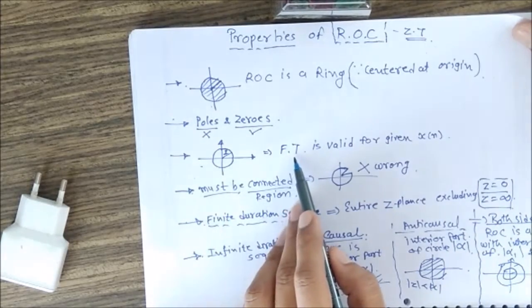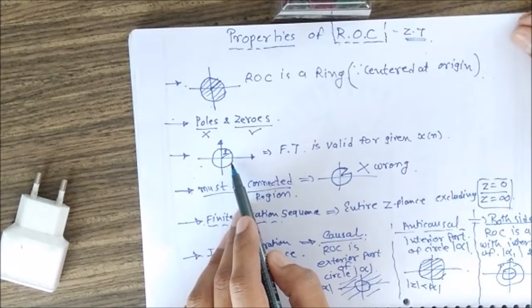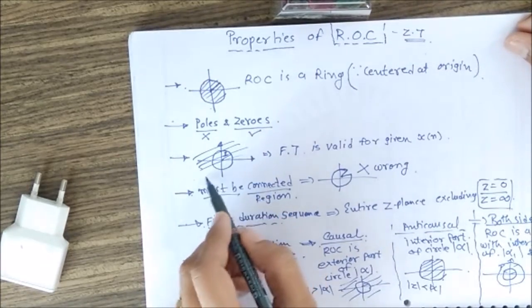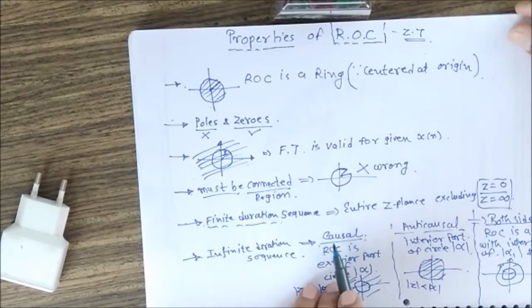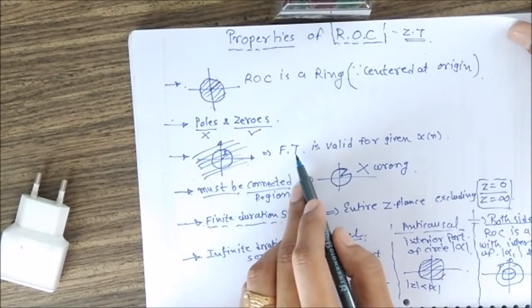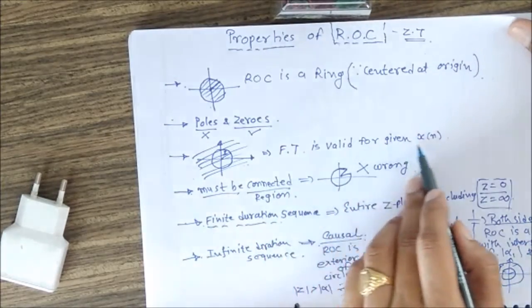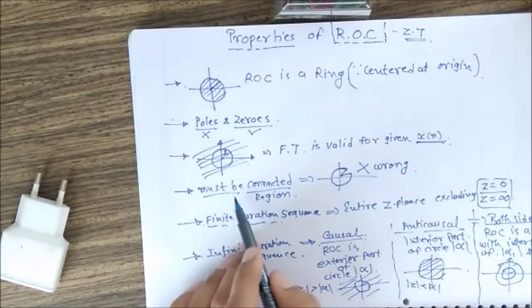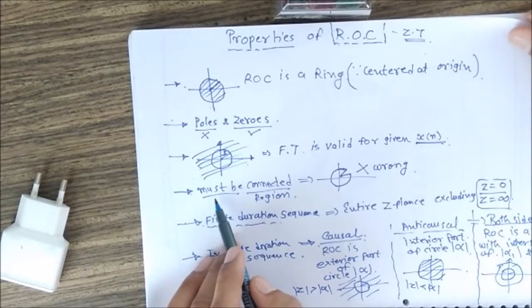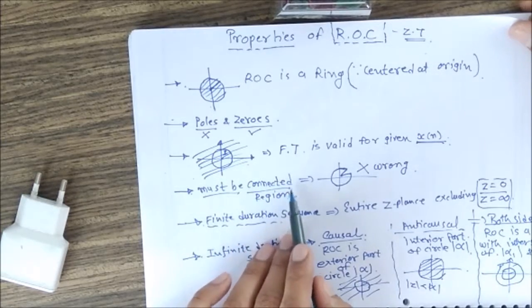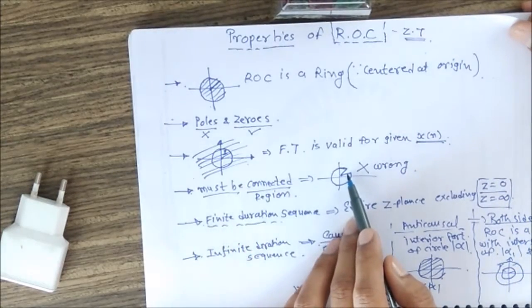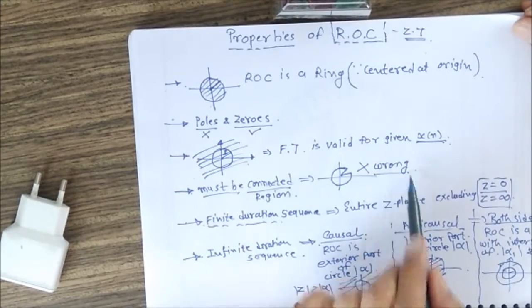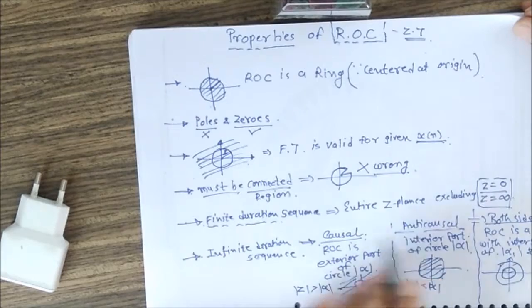Third important property is if the ROC contains the unit circle of the Z transform or Z domain, then the Fourier transform is valid for a given sequence x of n. Then the ROC must be a connected region. We cannot plot ROC with a non-connected region like this. This is the wrong property of ROC.